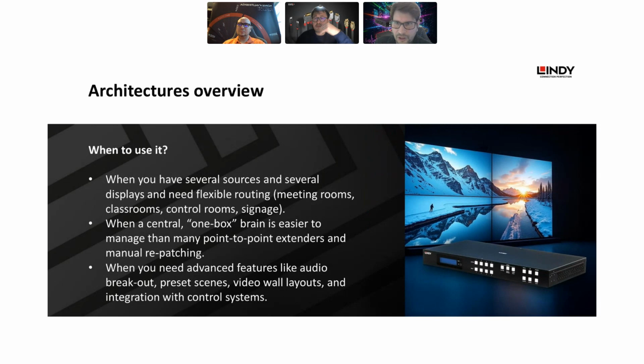When to use a video matrix? When you have several sources and several displays and need flexible routing, meeting rooms, classrooms, control rooms, digital signage. When a central one-box brain is easier to manage than many point-to-point extenders and manual repatching.